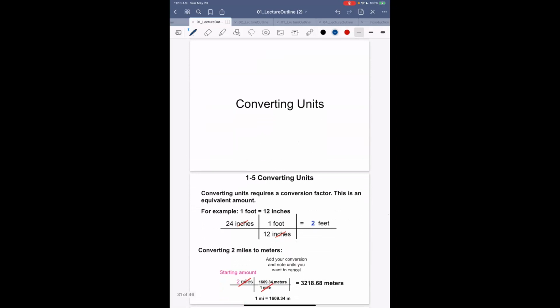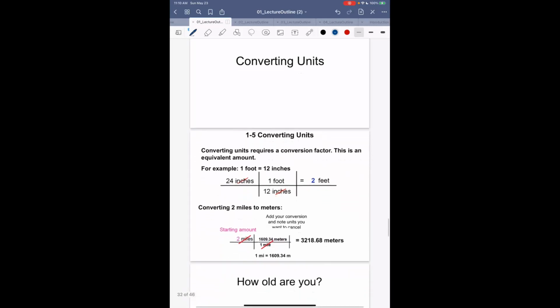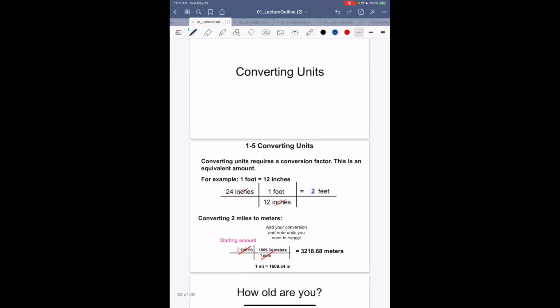Now, there are instances where we need to convert units. For converting, I am using this method, which I believe is very straightforward, but you can use your own method. This one minimizes the mistakes. For example, here, 1 foot is 12 inches, and I want to convert 24 inches.